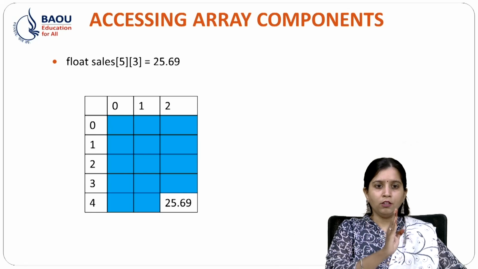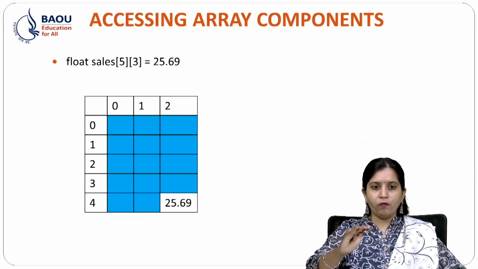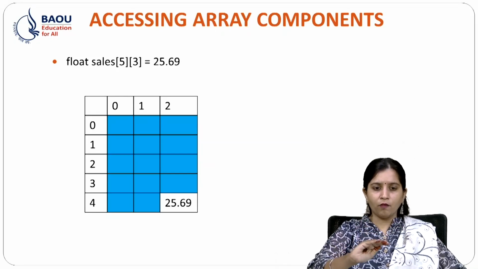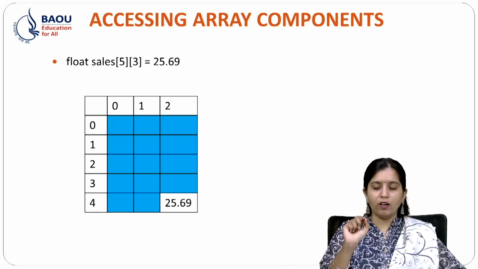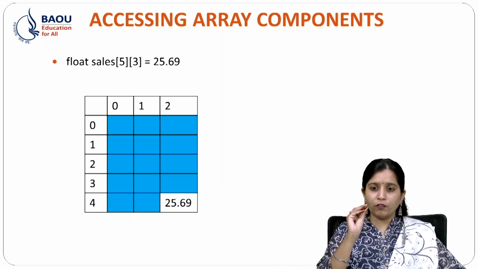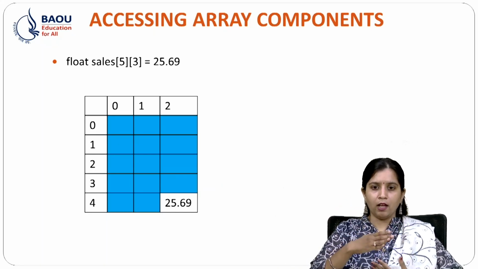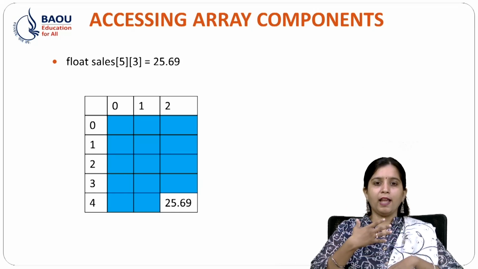First we have 0, 1, 2, 3. In the fifth row and third column, that is rows 0, 1, 2, 3 and 4, that is the fifth, we have 25.69. I hope now you get the idea how a two-dimensional array works.